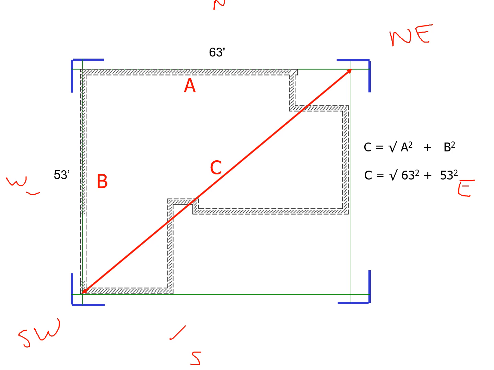Now, 63 times 63 is 3,969. 53 squared is 53 times 53. That's 2,809. Now, add the two together, 3,969 and 2,809. That's 6,778. Now, what number times itself is 6,778?